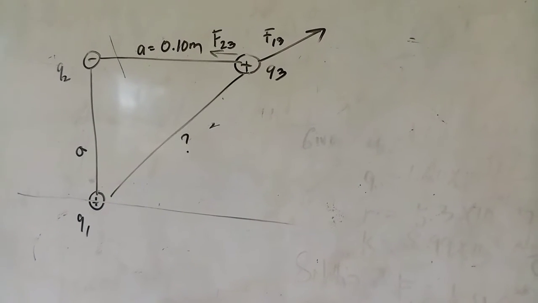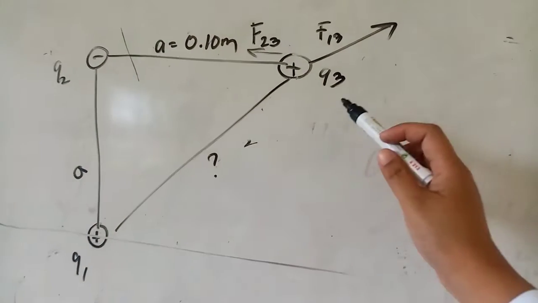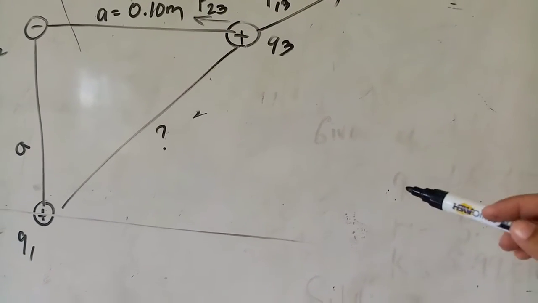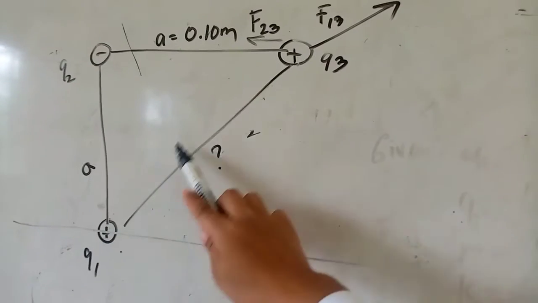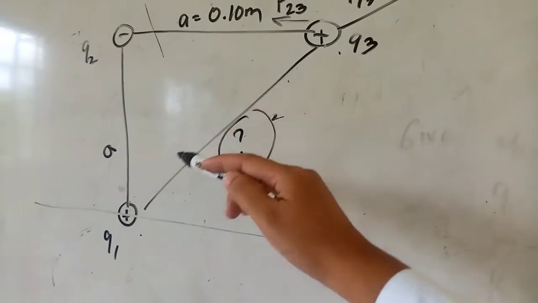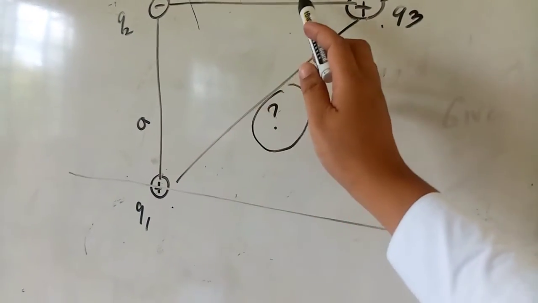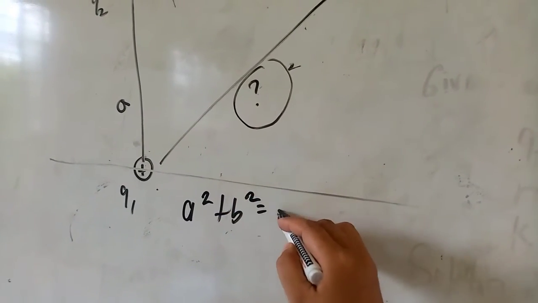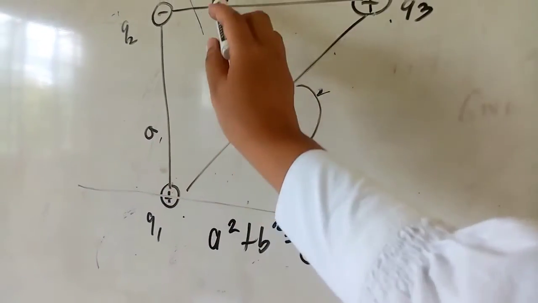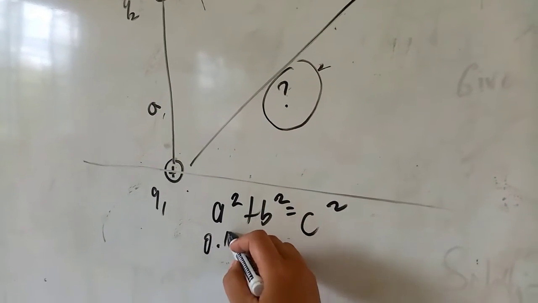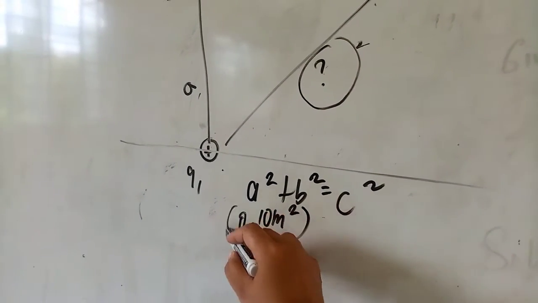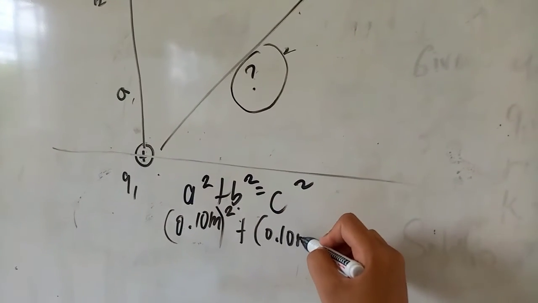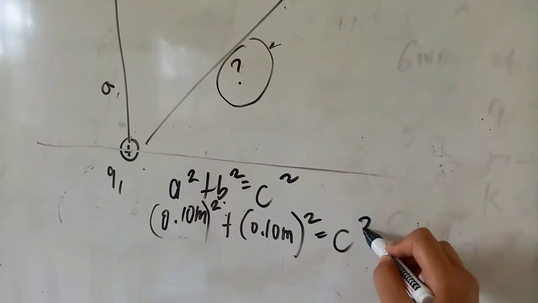Okay, so we are going to find the resultant force exerted by these three charges illustrated in this diagram. How are you going to get the resultant force by charge 1 onto 3 if we don't know this distance? To get that, let's recall the Pythagorean theorem, which tells us that a squared plus b squared is equal to c squared. So 0.10 meters squared plus 0.10 meters squared is equal to c squared.